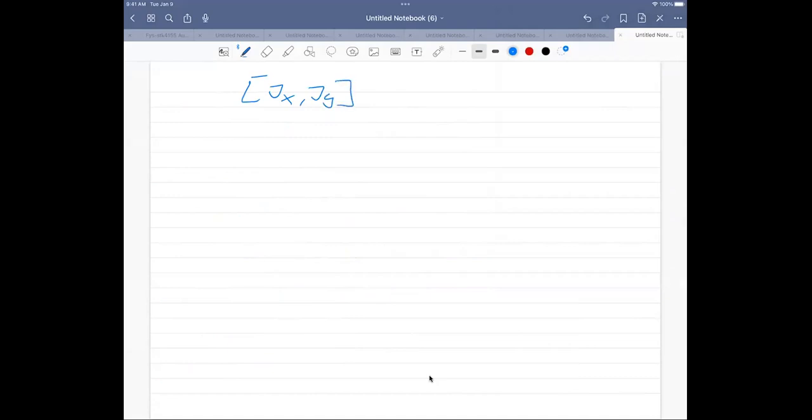To get the commutation relations, what you're actually implicitly doing is that you have Jx Jy acting on a specific state minus Jy Jx acting on the same state. And then you find what that gives you. But when you set up the commutation relation, you skip this specific state psi. So these operators are always acting on something.